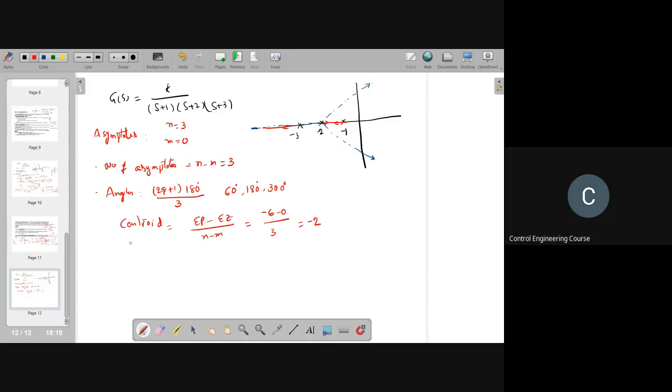First I will write this in closed form, that means 1 plus k by s square plus 3s plus 2 into s plus 3 equal to 0.